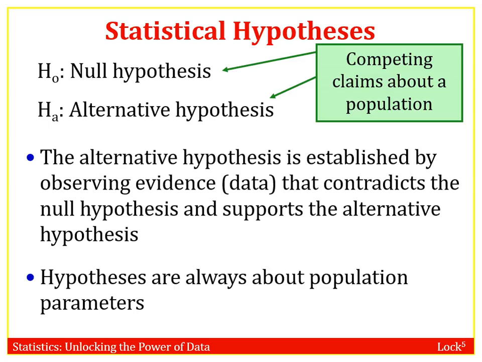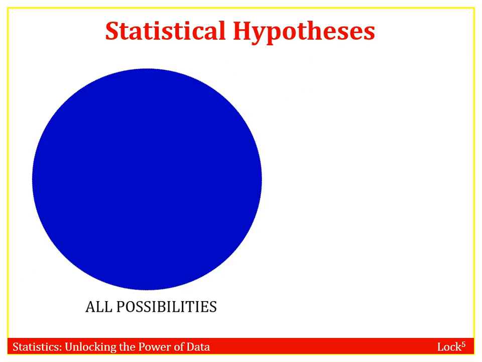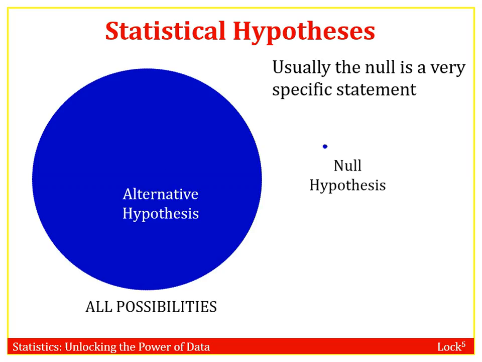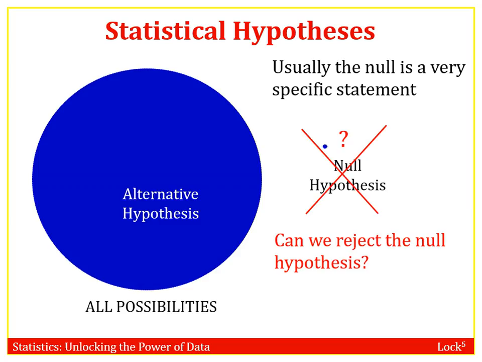And we'd already mentioned that your null hypotheses and your alternative hypotheses are always dealing with your population. So we have all possibilities. From that small part, we have our null hypothesis. And we're trying to find evidence against our null hypothesis so that we can reject our null hypothesis.